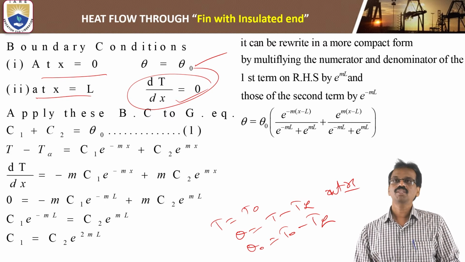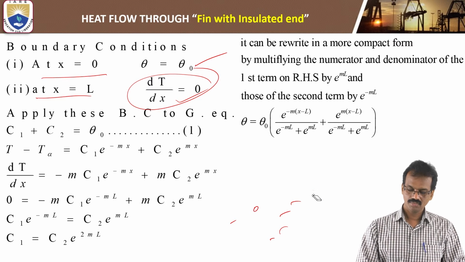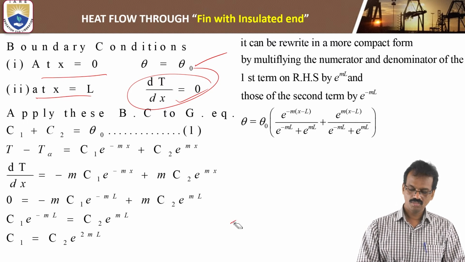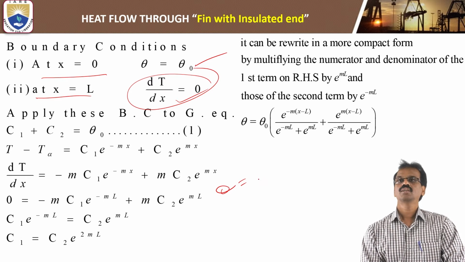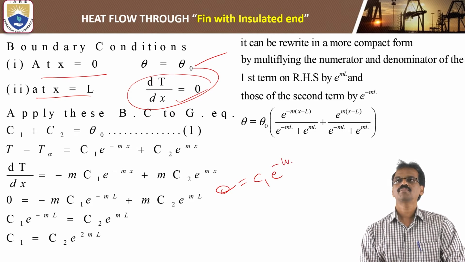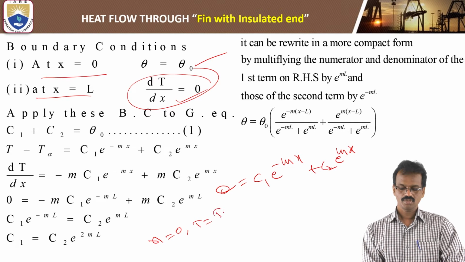Okay. So apply the first boundary condition. You know the general equation: theta is equal to C1 e to the power of minus mx plus C2 e to the power of mx. If x is equal to 0, T is equal to T naught, theta is equal to theta naught.